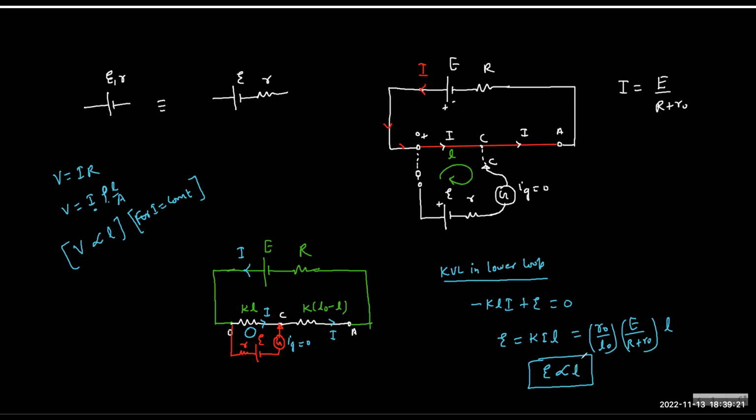See, what is balancing E? KVL, that is I into the resistance up to the point C, right? But I is constant, no? So when you increase the E, to balance a bigger value, we need greater length, or you can say more resistance. So the new null point will be right of C or left of C? Left.